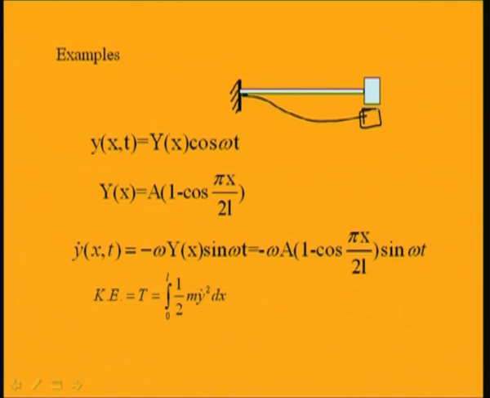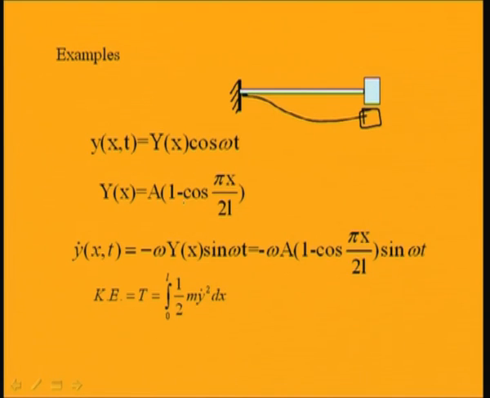So you can assume this deflection in this form, y(x) equal to a into 1 minus cos pi x by 2l, let us assume. By assuming this, if you put x equal to 0, you can find y(x) equal to 0. Also if you differentiate this, you can find that y dash x also equals 0 at x equal to 0.